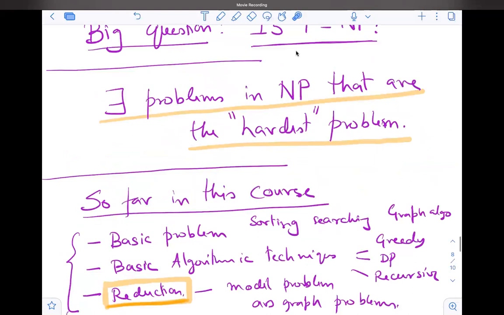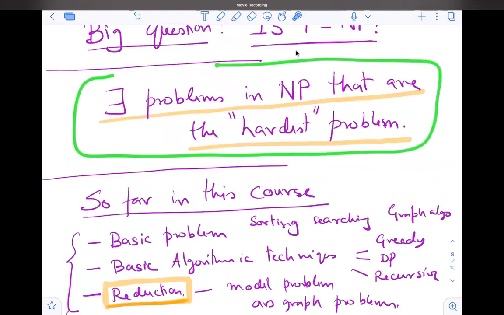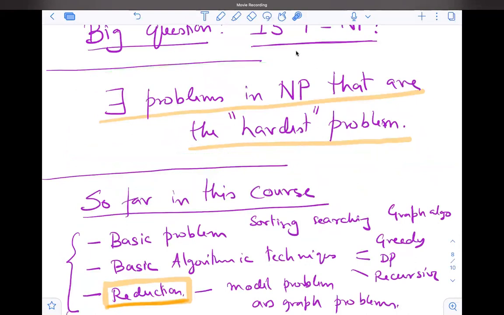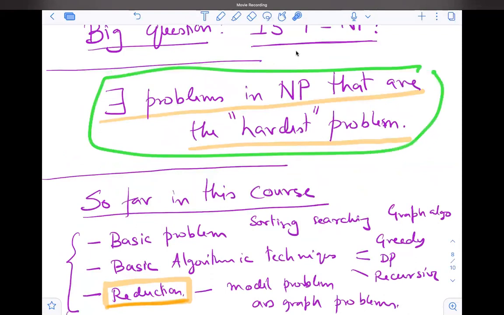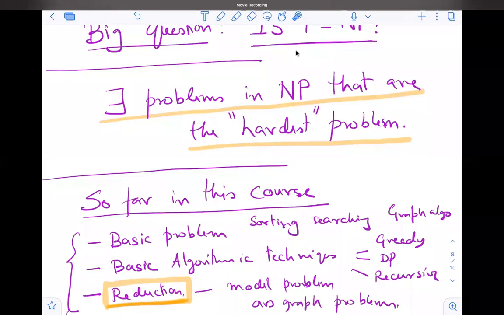So for example, the thing that I talked about here, that there exist problems that are hard, I will not be able to give a formal proof of it unless we have a notion of Turing machine. And that is exactly the reason I will not be giving you a proof of it. Without giving a proof, I will try to at least give you some more insights into it.